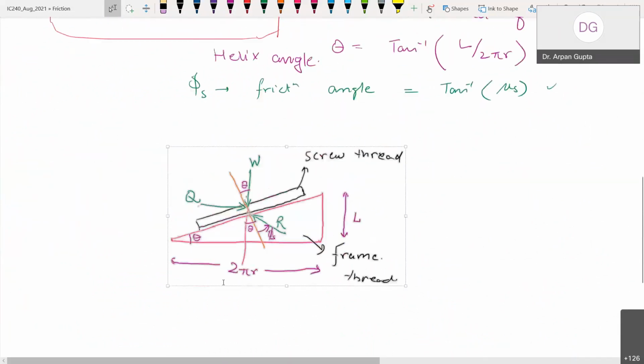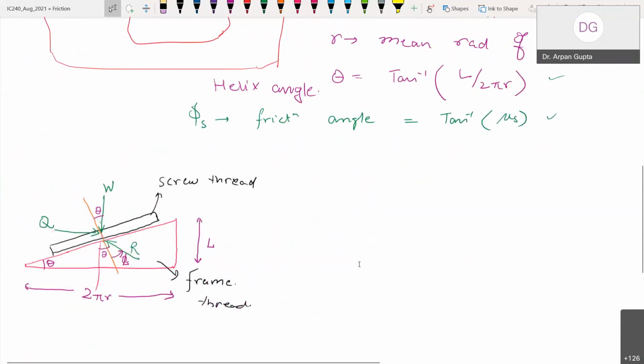So now I draw the free body diagram for this block acted on by three forces. From this diagram, if I balance forces in the vertical direction, W is equal to R times cosine of theta plus phi.